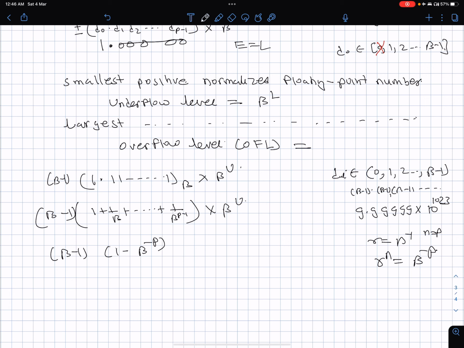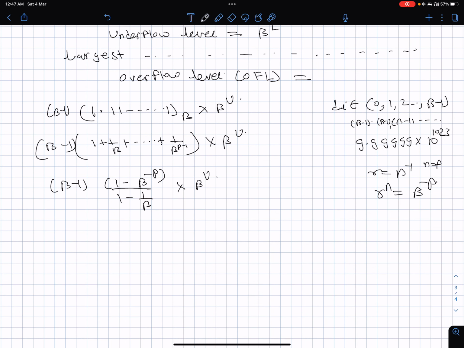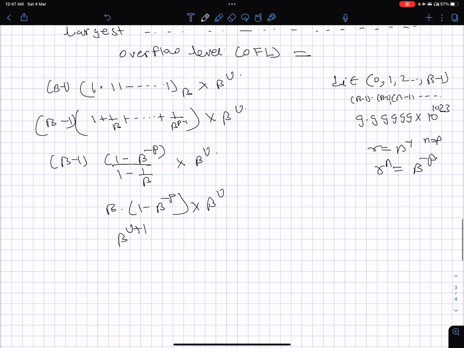So 1 minus beta to the power minus p, divided by 1 minus beta to the power minus 1, into beta to the power U. So beta minus 1 will cancel out, and therefore you will get this as beta into 1 minus beta to the power minus p into beta to the power U, which is beta to the power U plus 1 into 1 minus beta to the power minus p. This sets your overflow level.